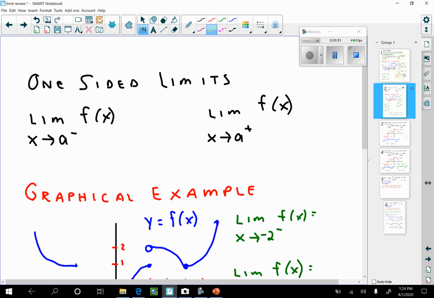This here means x approaches a from the left. That means I'm approaching a from the left. This means I'm approaching a from the right.